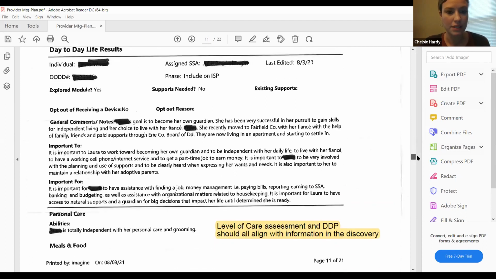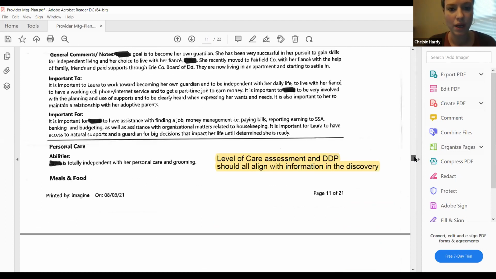And then the day-to-day is typically personal care, meals, food. One thing I will note that I look at on my end is the level of care assessment, when we're doing ISP reviews, and then the DDP assessment. Those things should all correlate with the modules in the plan.